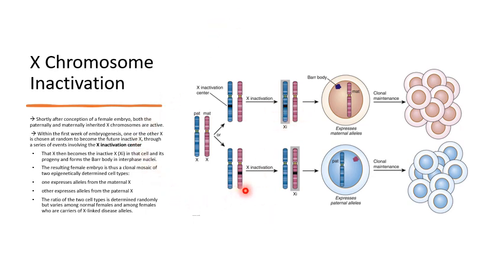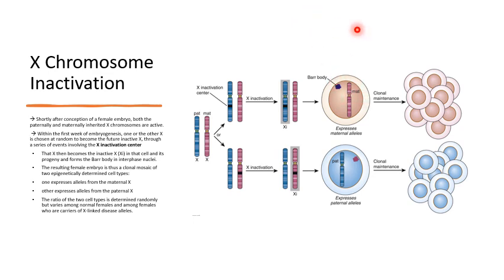That X then becomes inactive in that cell, and it forms what we call a Barr body, which is basically a heterochromatic mass present within the nucleus.